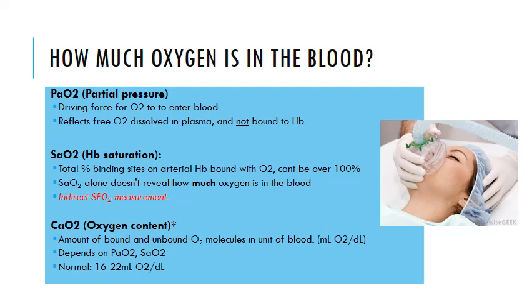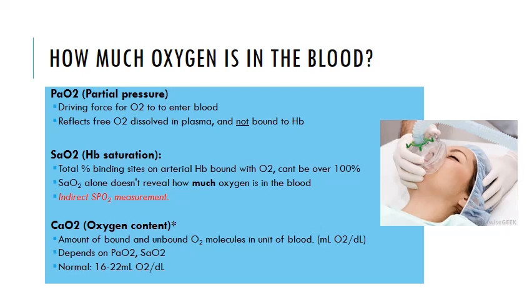Heme sites occupied by oxygen molecules are said to be saturated with oxygen. So the percentage of all of the available heme sites saturated with oxygen is the hemoglobin oxygen saturation, or the SaO2. Note that this is really oxygen that is bound. This is the oxygen that is unbound.